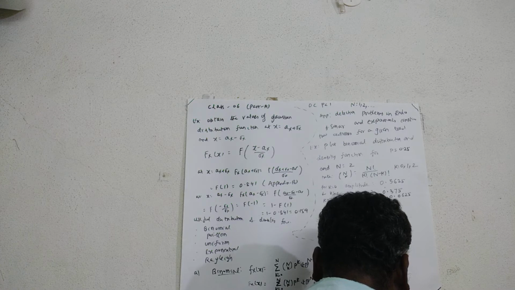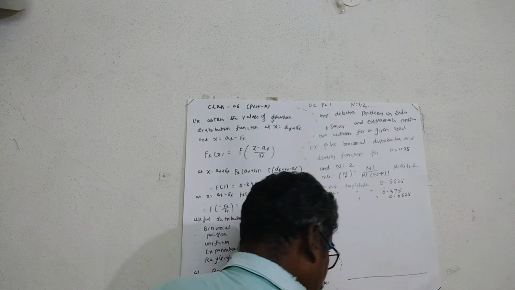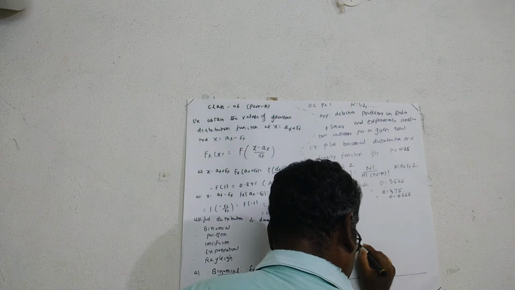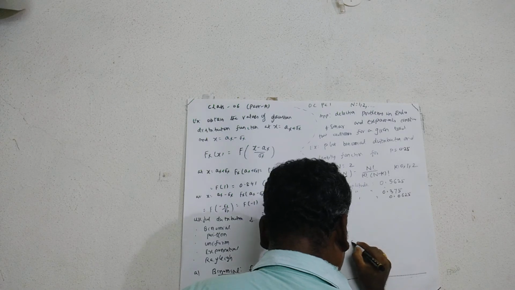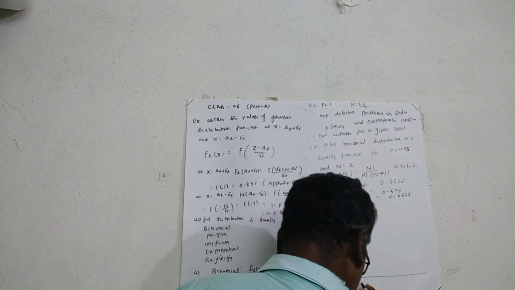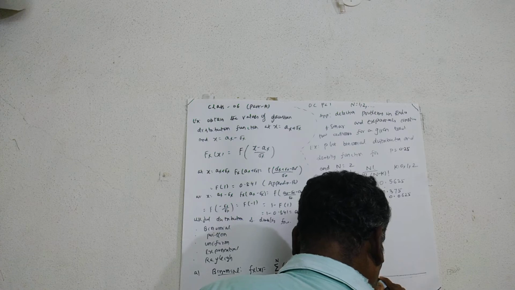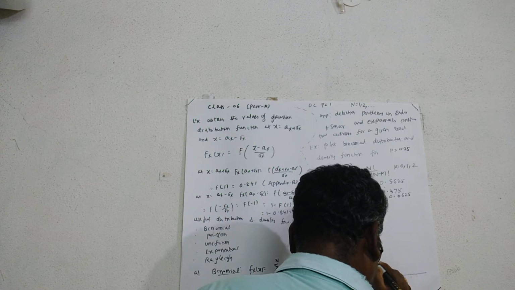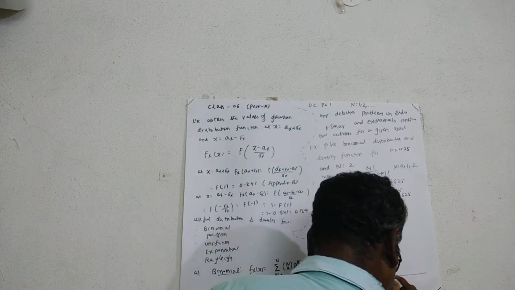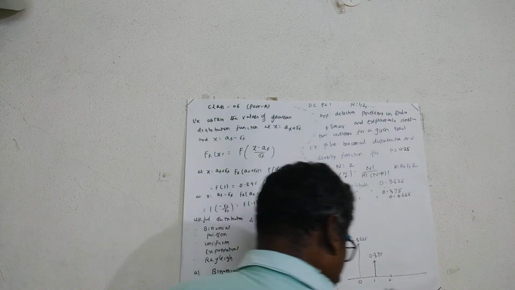Okay, this is the density function. At the origin, the amplitude is 0.5625. What is the amplitude at x is equal to 1? It is 0.375. What is the amplitude at x is equal to 2?